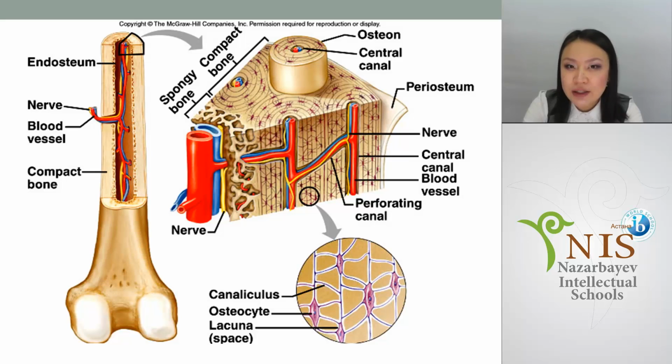In each central canal you can find nerve and blood vessels, and all those central canals are joined together, linked together, and then go into the main blood vessel in the middle of this femur. Okay.